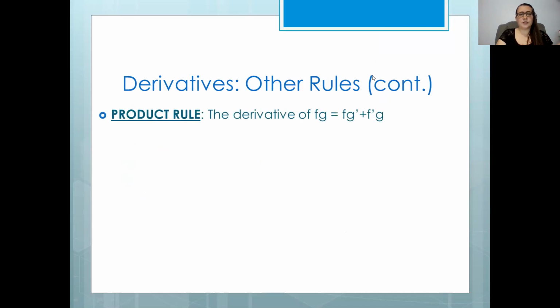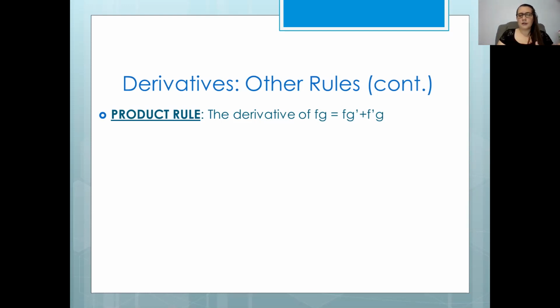Okay, so the first of these other rules, I guess we have a lot of rules so far. So we have the power rule, the sum rule, the difference rule, the higher order rule. Now we have the product rule. So this is really our fifth rule of derivatives.